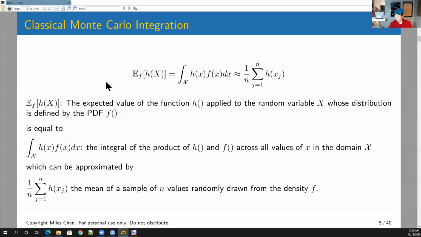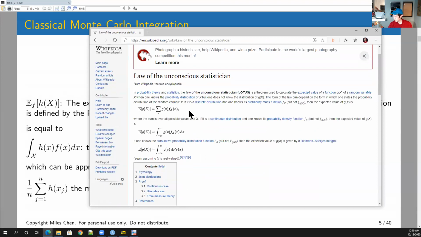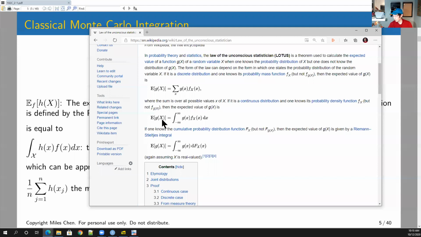All right, and this, by the law of the unconscious statistician, basically is this, but it's got the letter g.